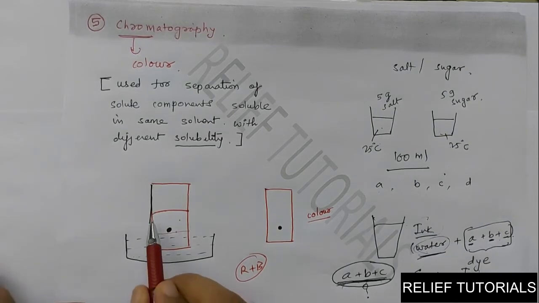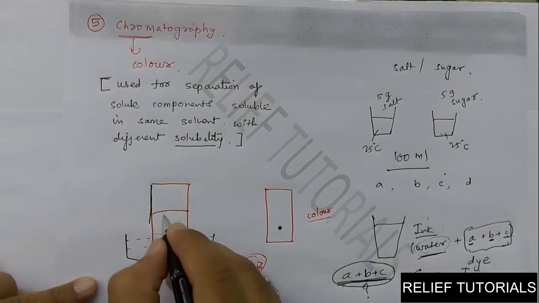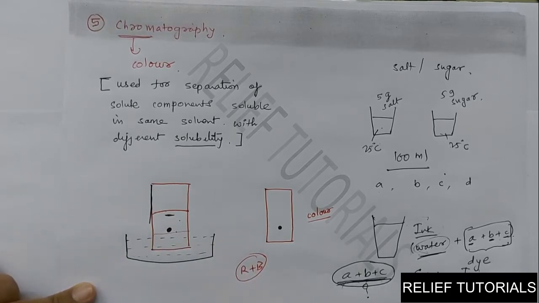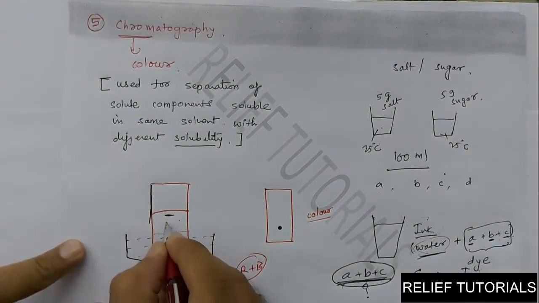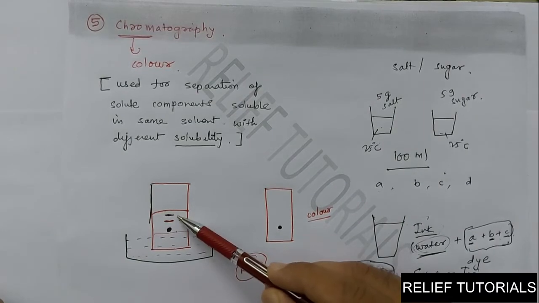Consider after some time the water level is up to here, and maybe the black color particles are more soluble. So the black color particles reach maybe up to this point, and the red particles which are less soluble go slowly and they may reach up to this level. So can you see that both the colors can be separated?